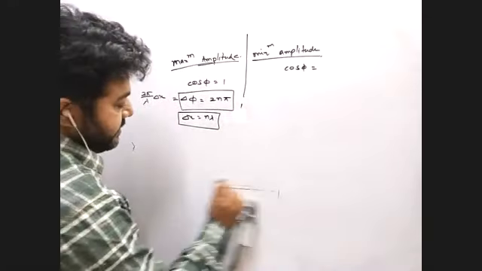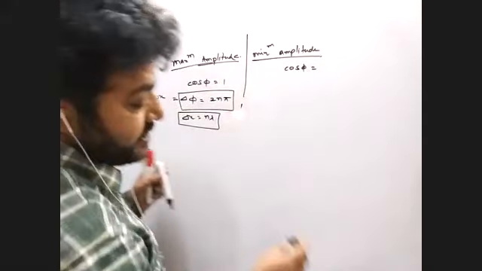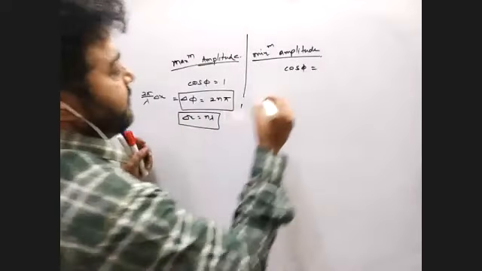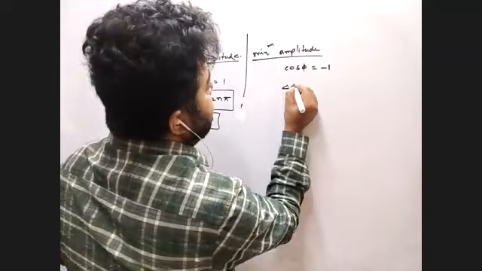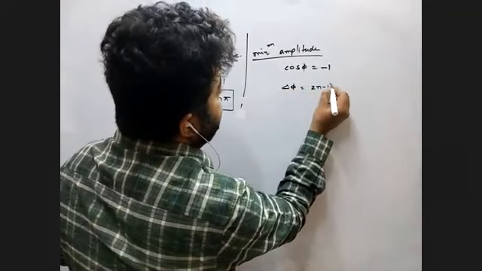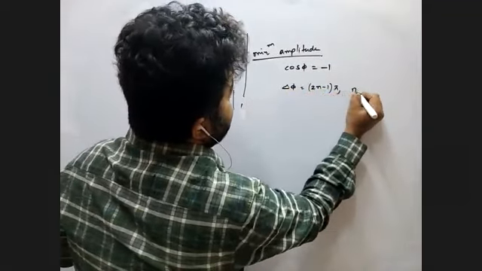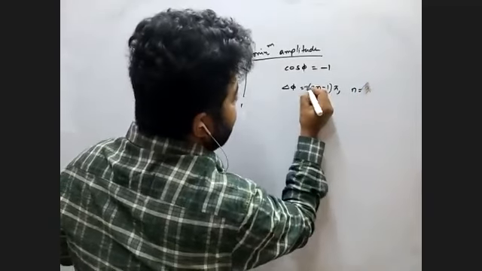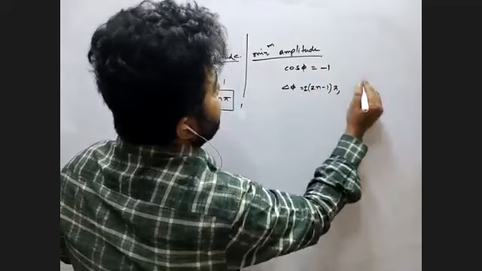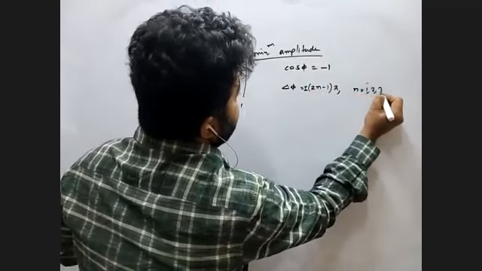Not 0. It is minus 1. Very good. So if it is minus 1, del phi is (2n minus 1) pi, and n starts from 1, plus minus, so you make it 1, 2, 3, and so on.